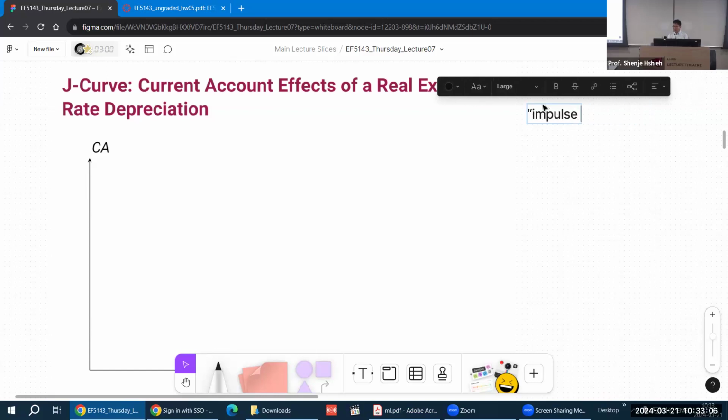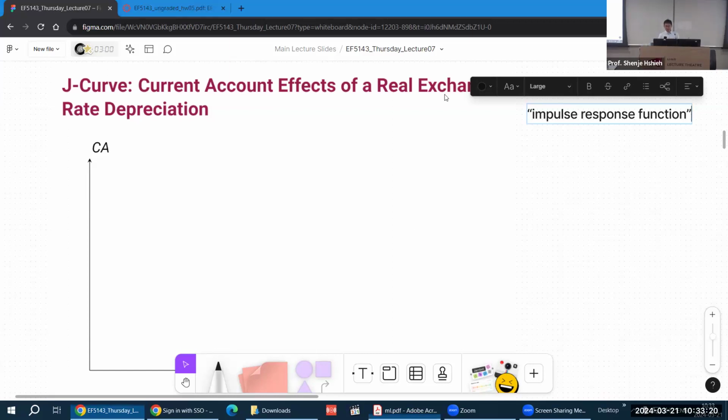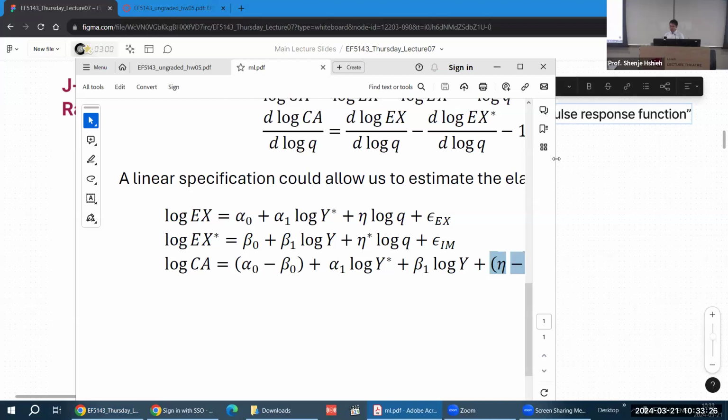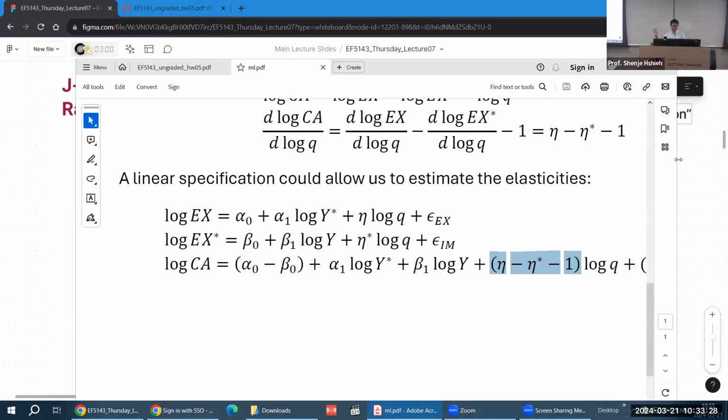I don't know if you know what this is, but what's going on is you are introducing a shock to one of the variables here and seeing how that translates over time. So you do need to include lags in this equation. So, too much time series, too much econometrics. So just Google impulse response.